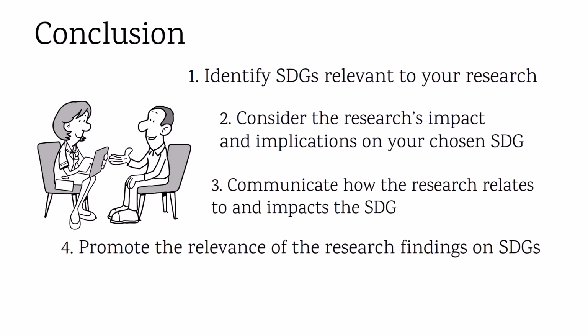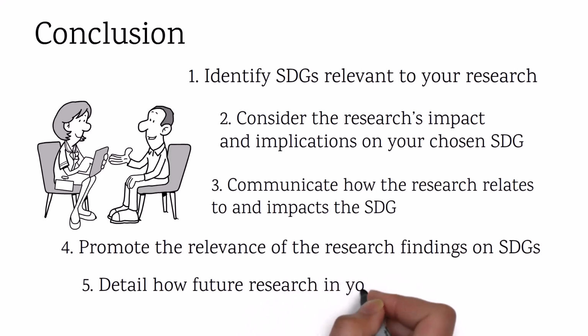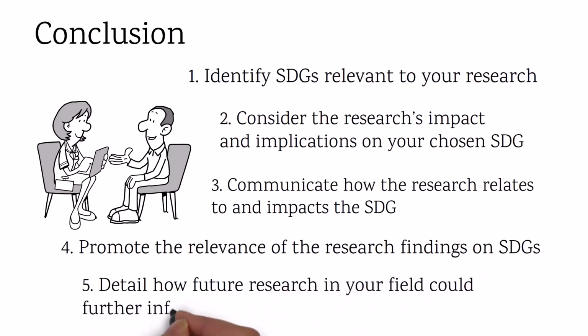So you might want to consider a different mechanism to do this, potentially as an infographic or as a small appended document or a separate paper which can be promoted and disseminated with relevant stakeholders. And finally, to ensure that future research in your field continues to consider sustainability in their research, it is useful to detail how future research in your field could further inform and achieve SDGs.